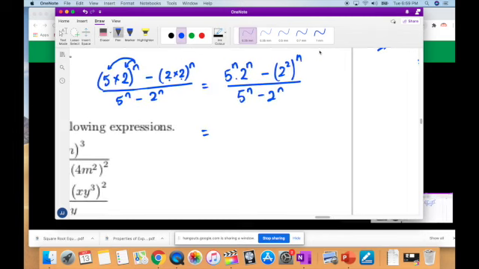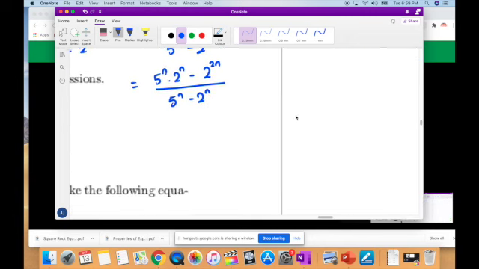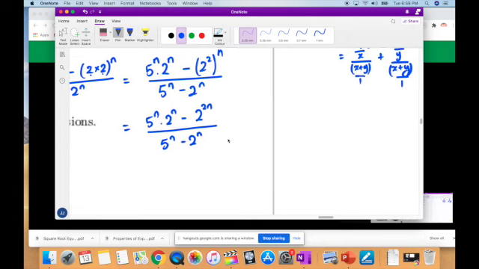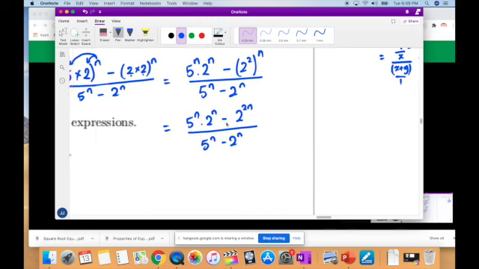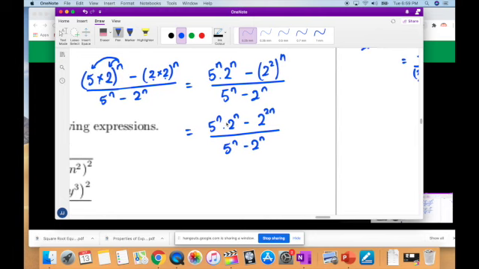So that means 5 to the n times 2 to the n minus 2 to the power of 2n all over 5 to the n minus 2 to the n. You notice I can't do anything with the denominator because it's a minus. If they were being multiplied, then alright, but they're being subtracted, so you can't do anything with it.